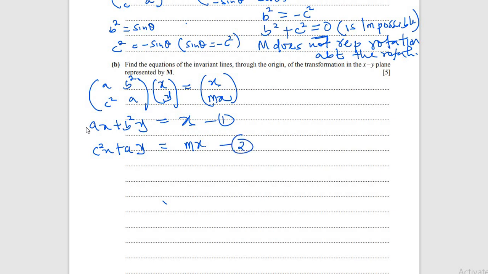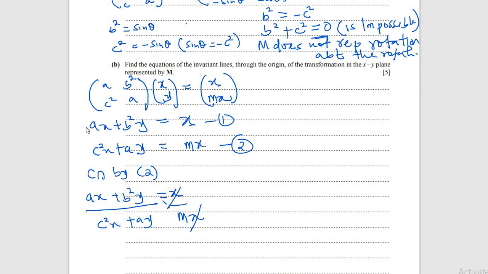Let's divide equation 1 by equation 2. Then we have ax plus b square y over c square x plus ay equal to x over mx.